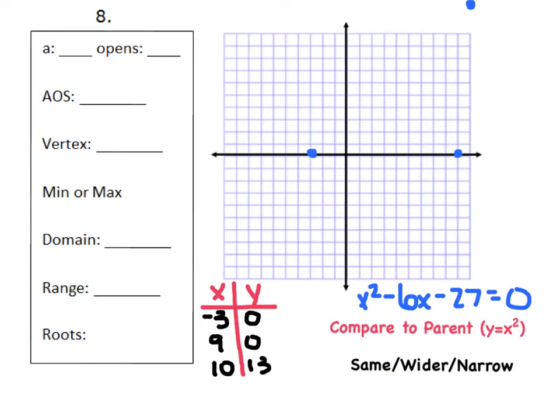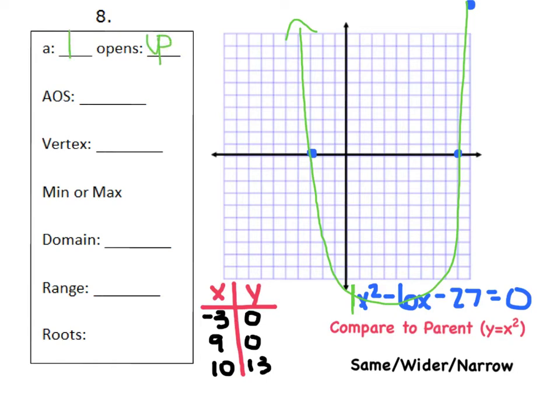Next one. So here's our problem that we're looking at, which is number 3. And I already have a little table. Notice we can only plot a few points, so I'm not sure how big this parabola is, but it looks something like that. I notice that my a value is 1, which means it opens up.